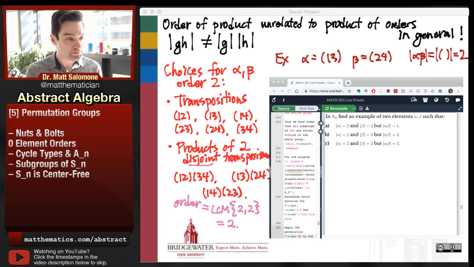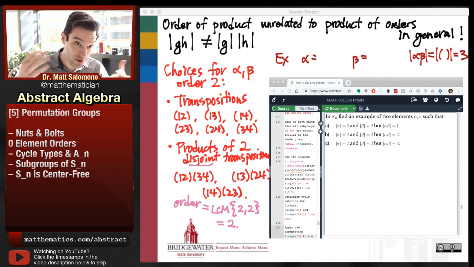And then finally, how do I find a product of elements of order 2 that has order 3? This is to me the most unsettling example in this problem, because if order behaved as nicely as we wish that it did, we would at least expect that the order of a product of elements of order 2 should be 1, 2, or 4, right?